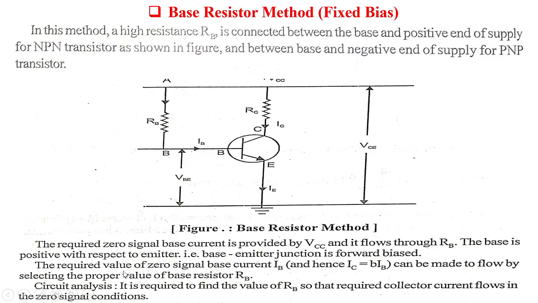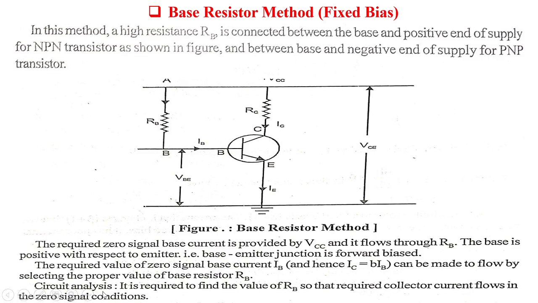The required value of zero signal base current IB, and hence IC equal to beta times IB, can be made to flow by selecting the proper value of base resistor RB.